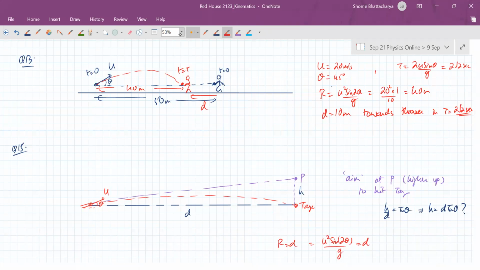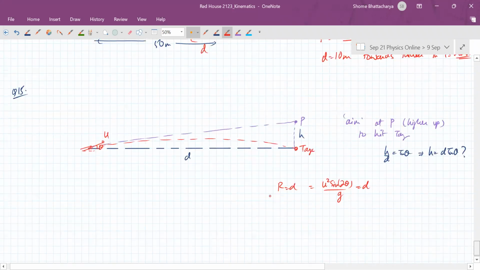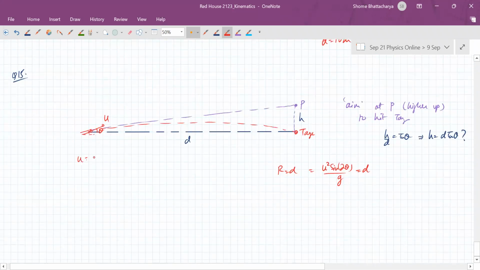Now we'll see the values are such that here we'll be using small angle approximations. Okay. U is a huge amount. It is 1500, I think, right? Yeah, 1500 feet per second. And the distance d is only 150 feet. So take g as 32 feet per second square.